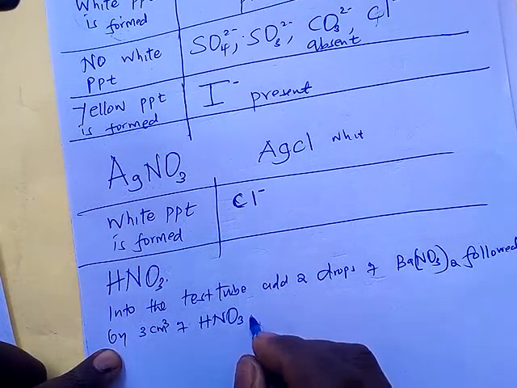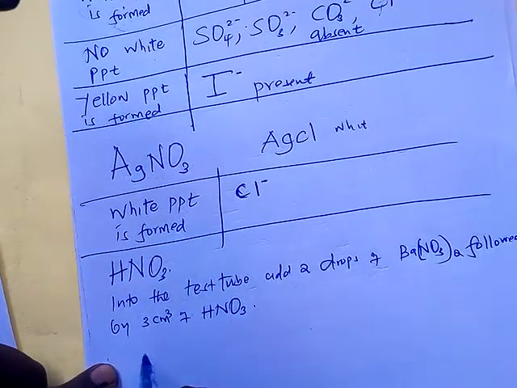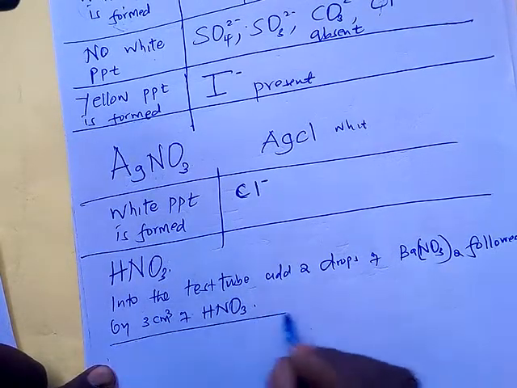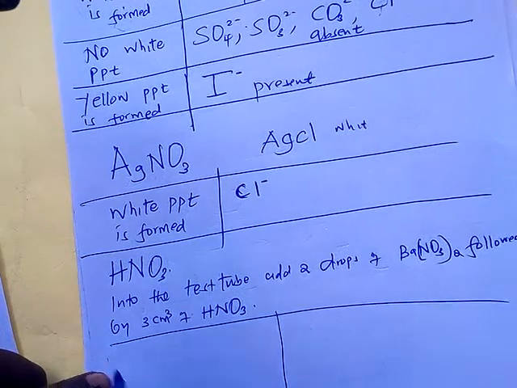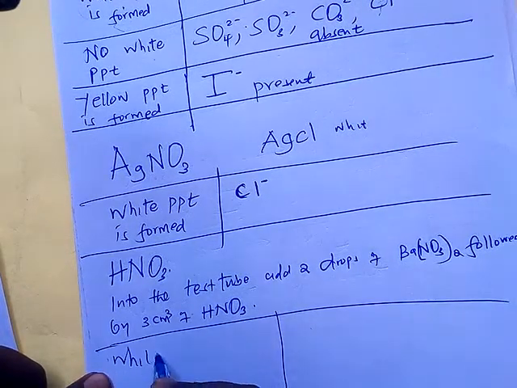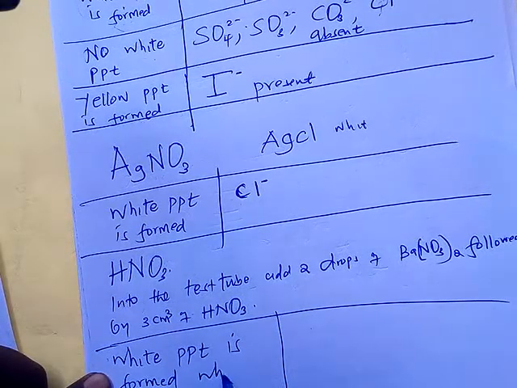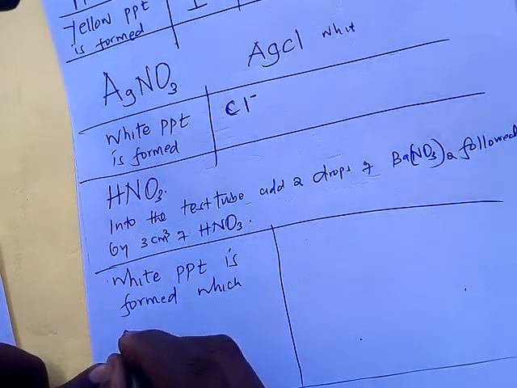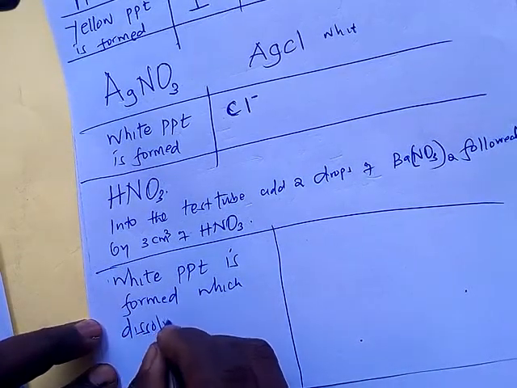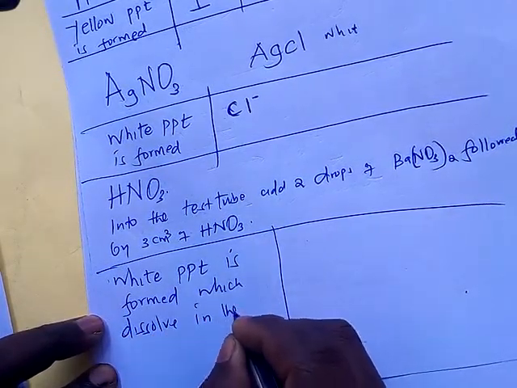And then this is the observation: a white precipitate is formed, which dissolves in the acid.